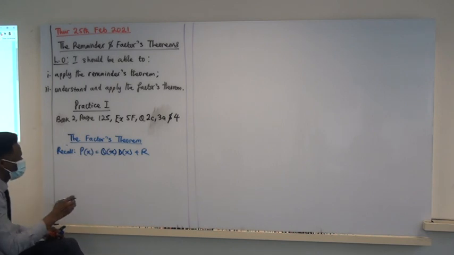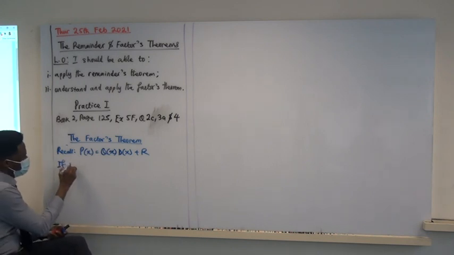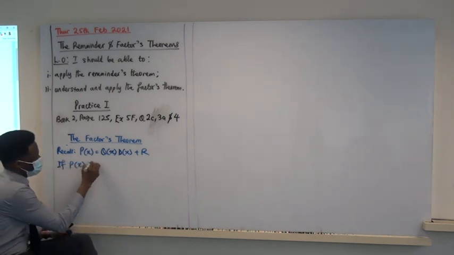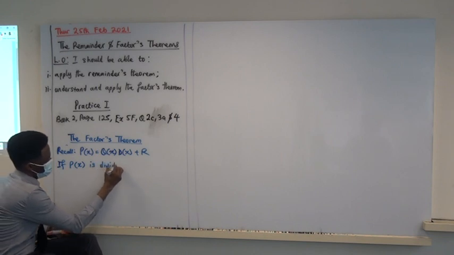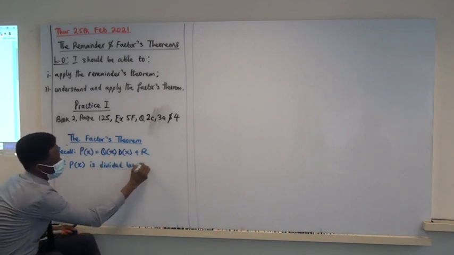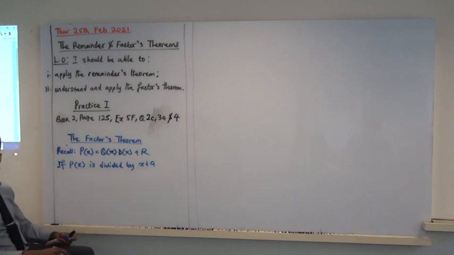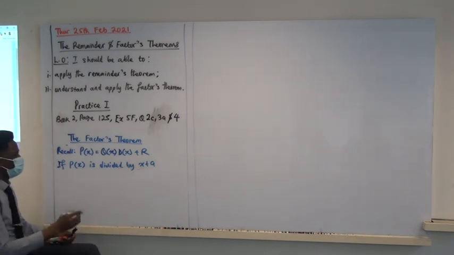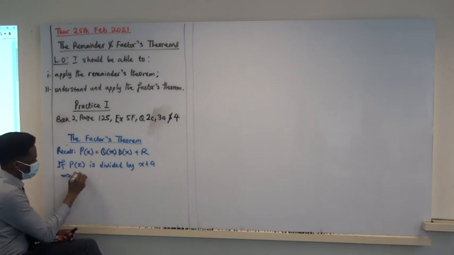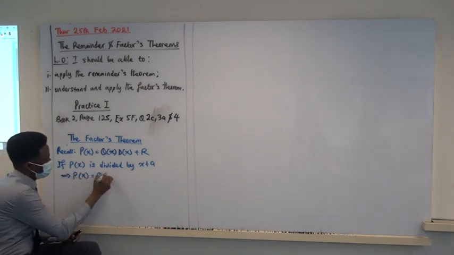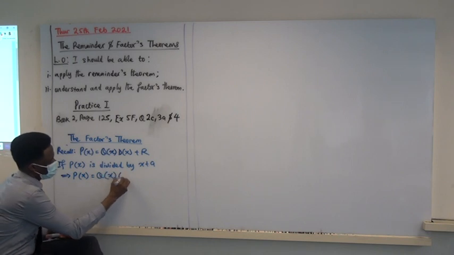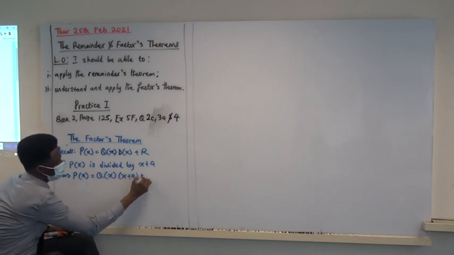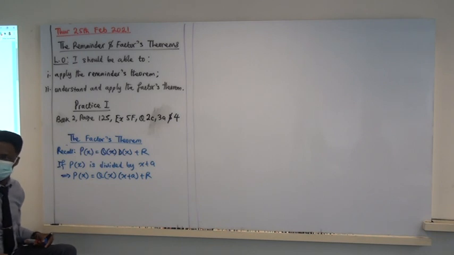Now, if your polynomial is divided by x plus a, which means this is your divisor, then our p of x is simply q times (x plus a) plus r. Is that not?